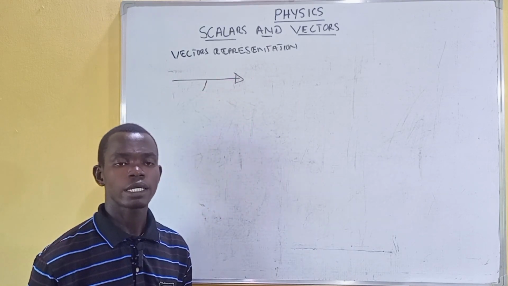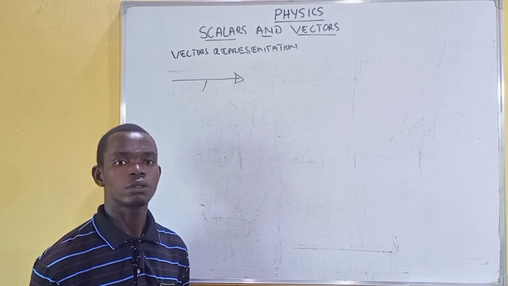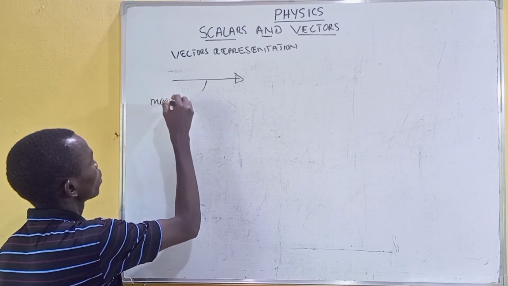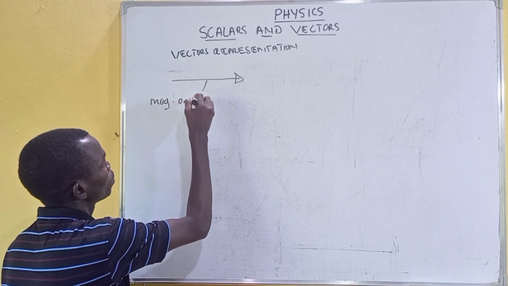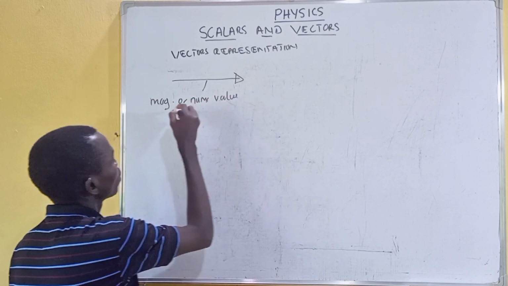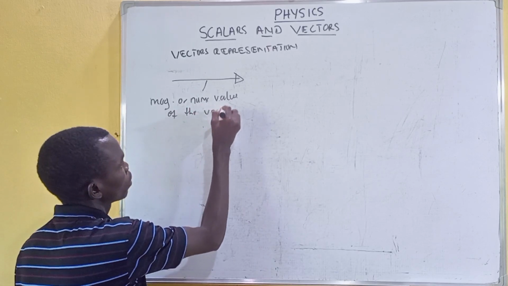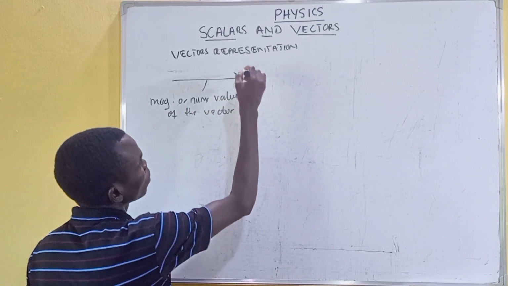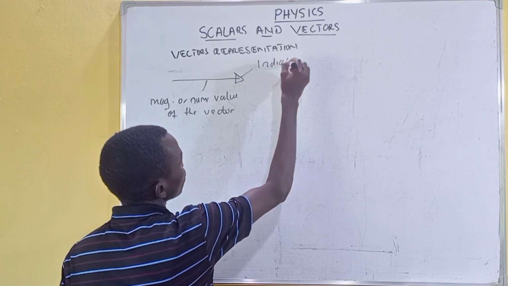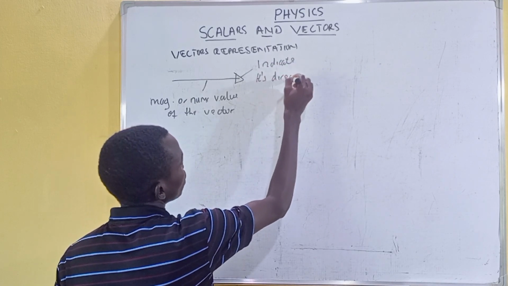The length of the straight line is drawn proportional to the magnitude or numerical value of the vector. The arrowhead indicates its direction.